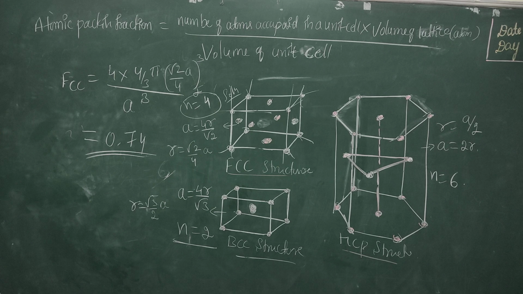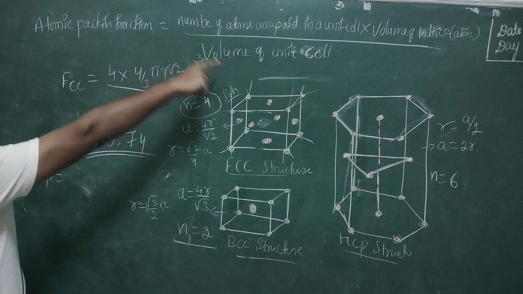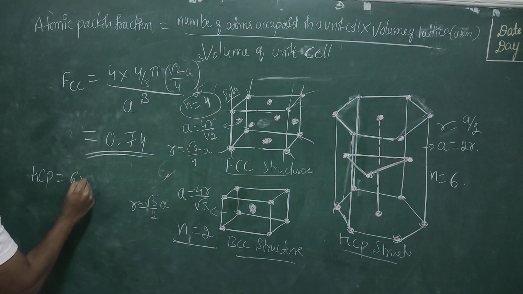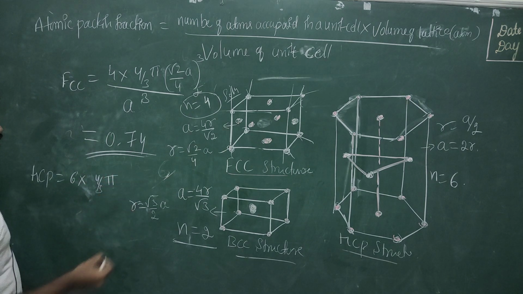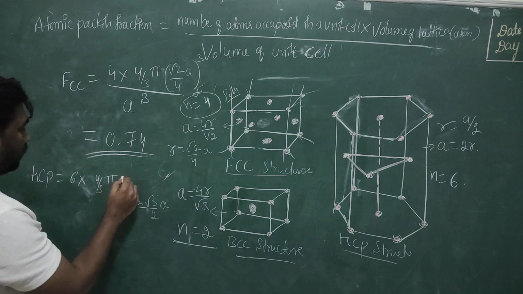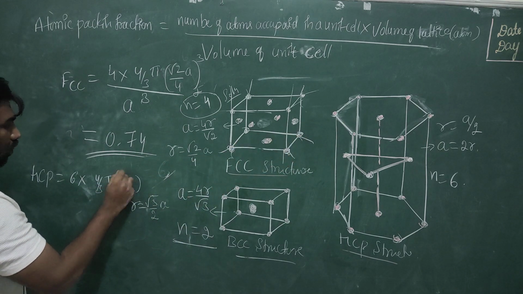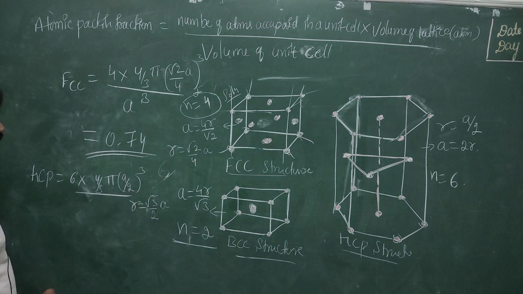Next, if we calculate for HCP, the number of atoms is 6, and 4 by 3 pi r cube, where r is a by 2. So a by 2 whole cube divided by the volume of a unit cell, a cube. If you solve this, again we will get 0.74.